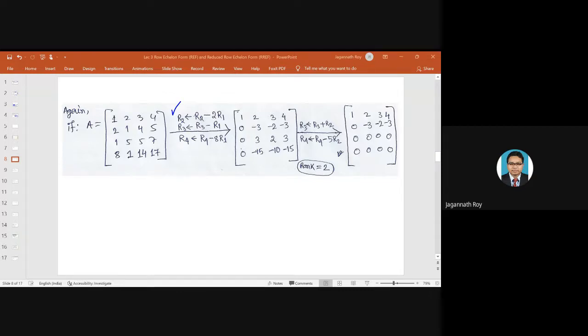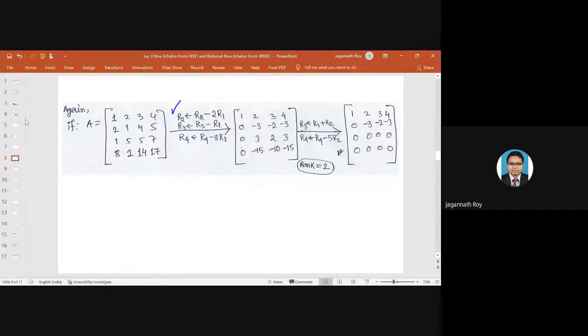But if you think about property 2, if each leading non-zero row, again I am telling, Rohan, what you have said is that for a null matrix, that means zero matrix, A11 is zero. Yeah, it is zero, but A11 can also be zero.